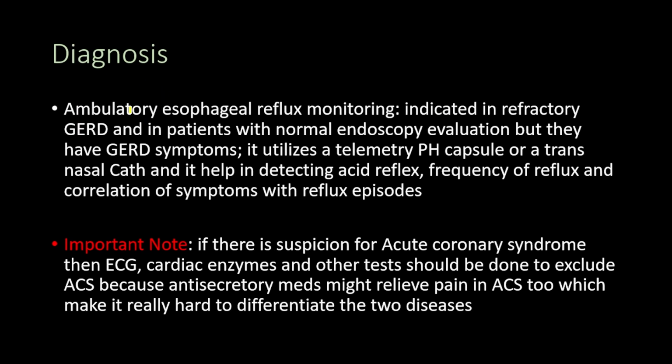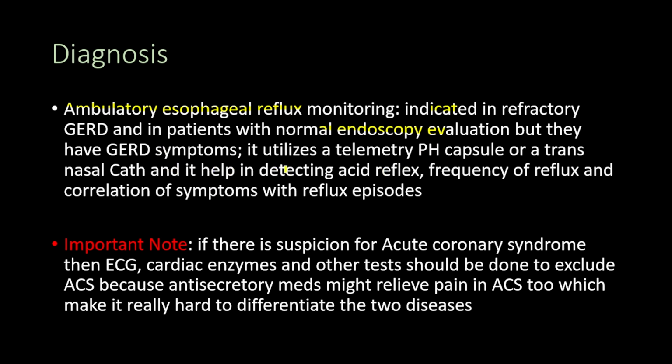Now, in the diagnosis, we also have the ambulatory esophageal reflux monitoring, and this is a device that is inserted to monitor the acid reflux, and this is indicated in refractory GERD and in patients with normal endoscopy evaluation, but they have GERD symptoms, to confirm the diagnosis of GERD.